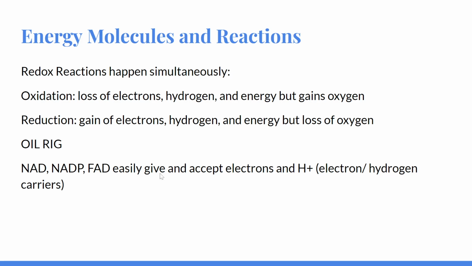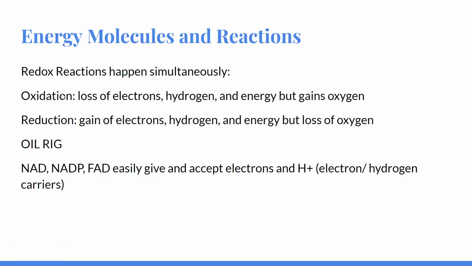So the important molecules you really have to know for the redox reactions in cellular respiration are going to be NAD, NADPH, and FADH. These easily give and accept electrons and hydrogen ions. They're going to be your electron and hydrogen carriers.